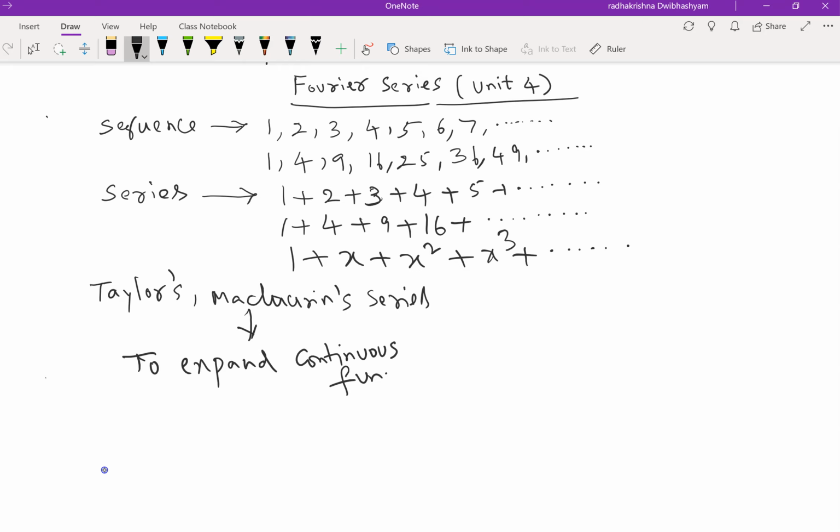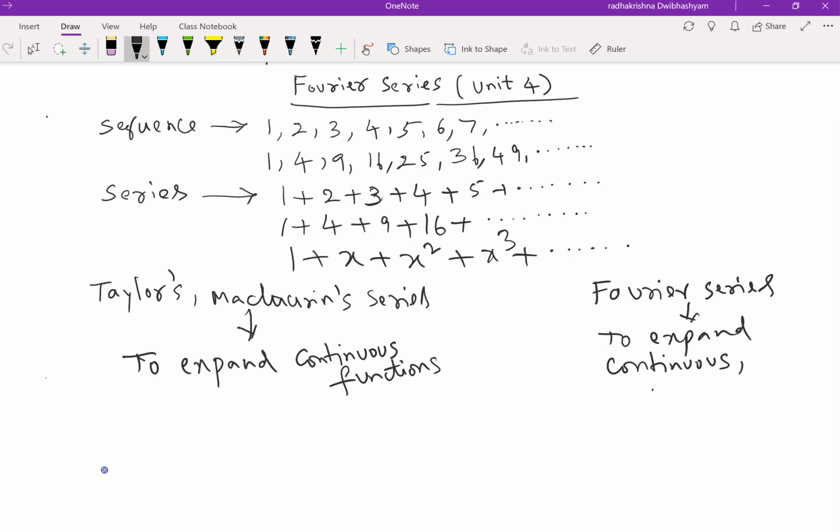But using Fourier series, Fourier being the name of a mathematician, we can expand continuous as well as discontinuous functions.